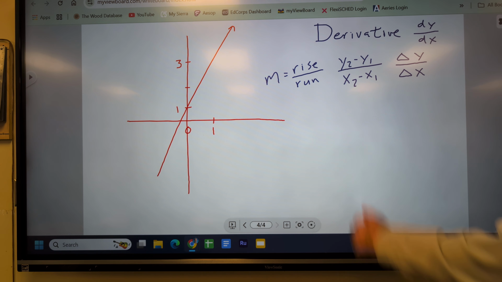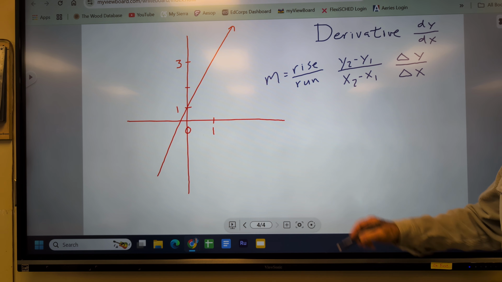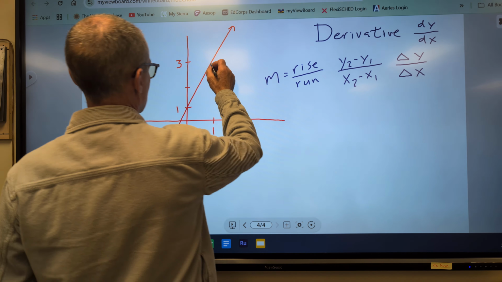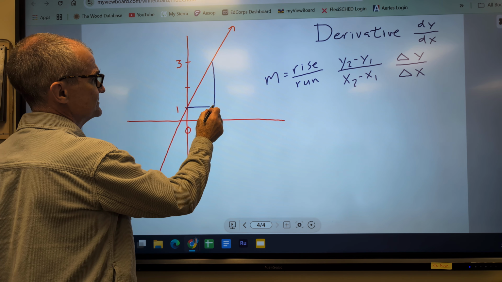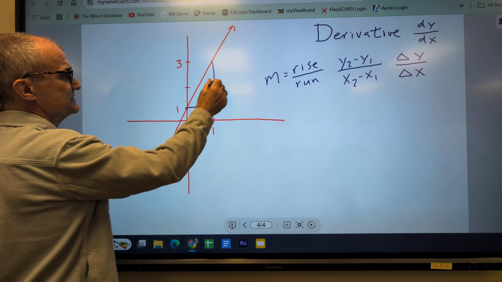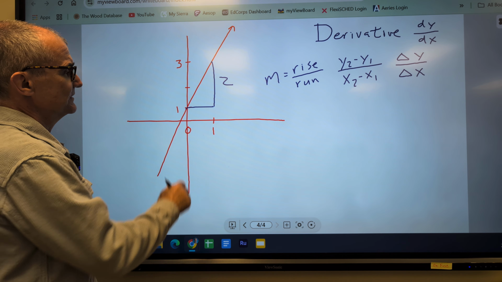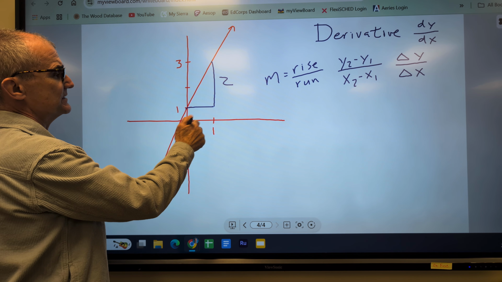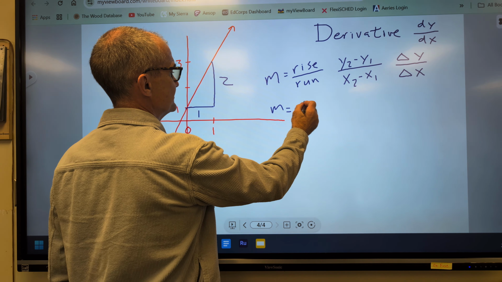Let's just quickly look at a linear function, then we'll look at a parabola. So the slope here is rise. How much do I rise over how much do I run? Well, 3 minus 1 is 2, so the change in y is 2. The change in run, 1 minus 0, is 1. So m here is equal to 2 over 1.